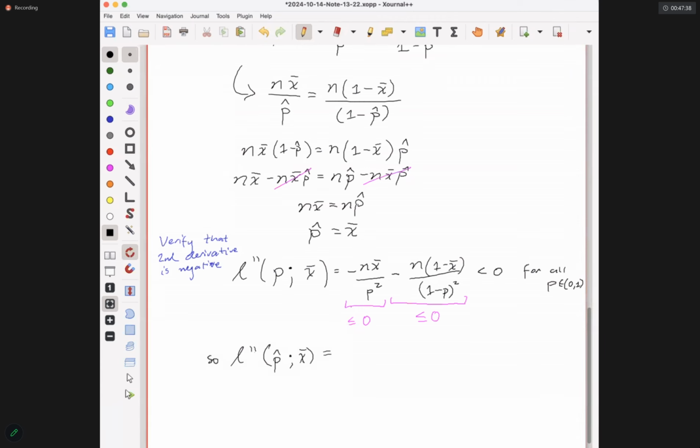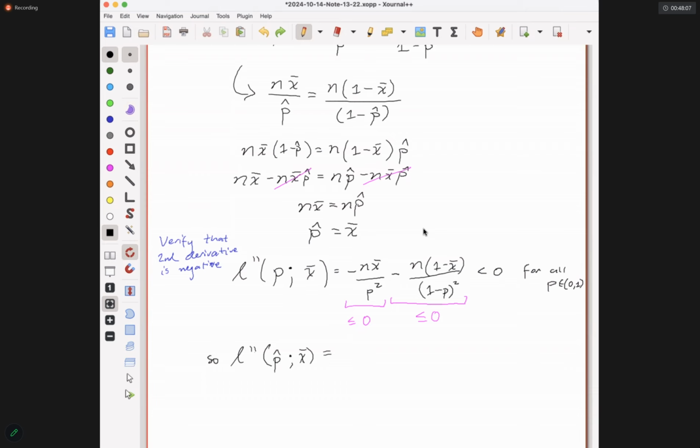N is the sample size, so that has to be at least 1. X bar is the sample mean, and if all of the x's are either 0 or 1, x bar has to be between 0 and 1 inclusive. P is between 0 and 1 exclusive, so it is strictly positive.